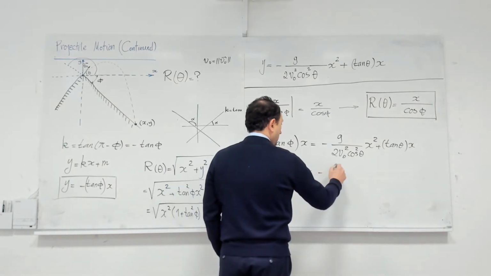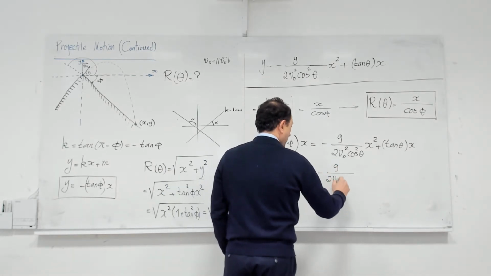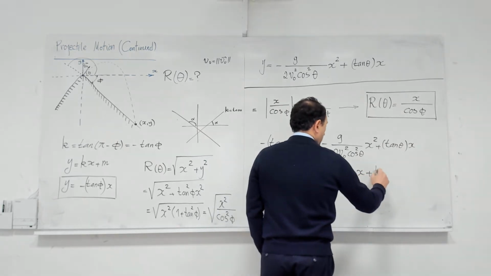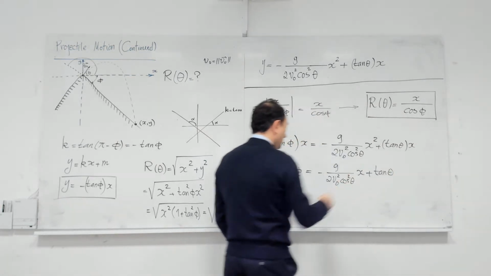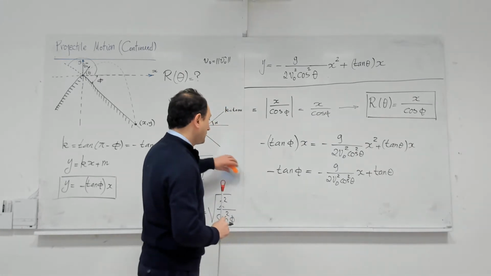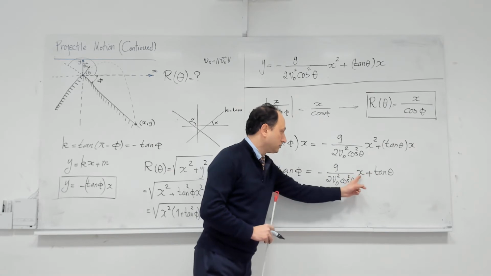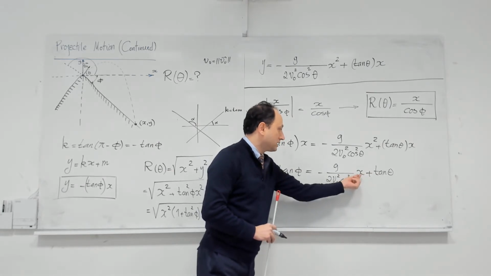On the right hand side, this becomes... and then finally, now you can see it more clearly that x is really a function of theta. Because I want to find x, I have to make x alone.